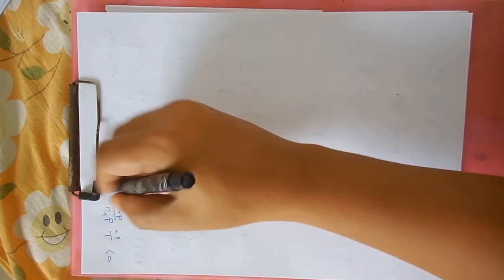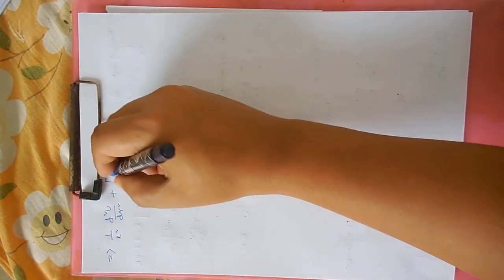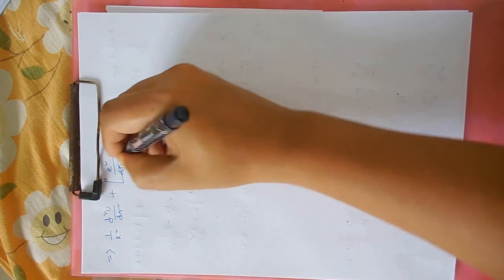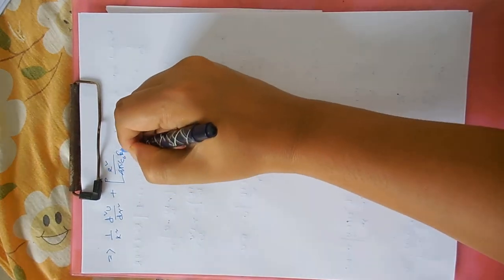First, let me write the whole thing. And then it is plus e² by 4 pi epsilon 0 r, like that.